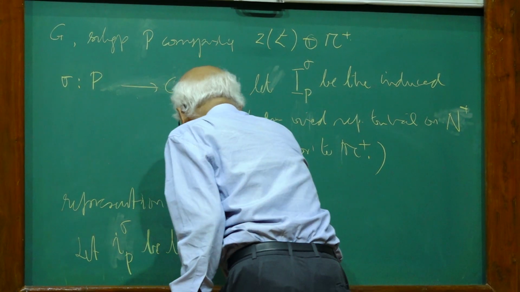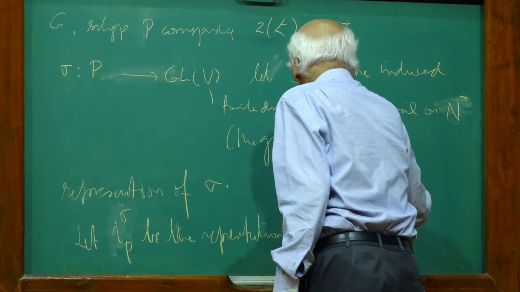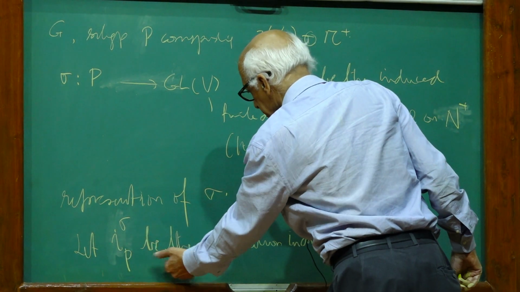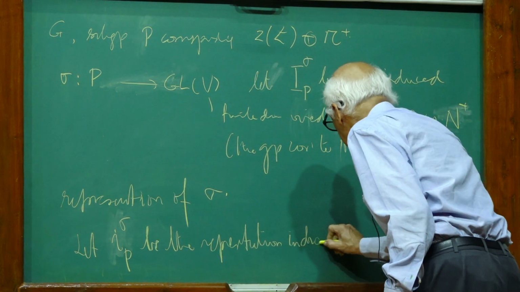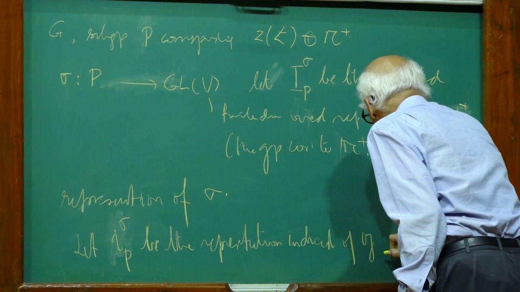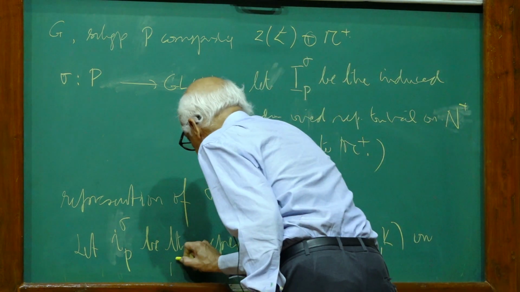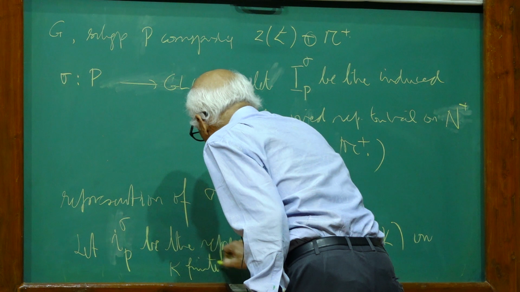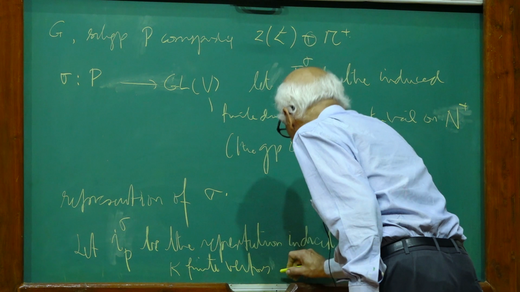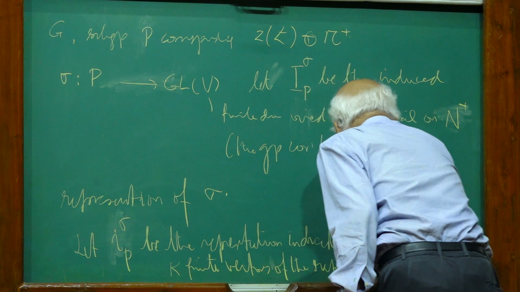representation induced by sigma, this is the representation on some Banach space, and let I sigma be the representation of G, K on K finite vectors of the representation space of I P sigma.